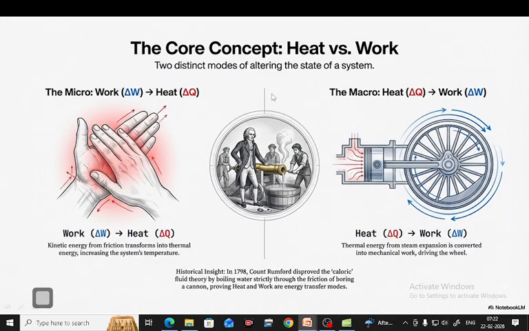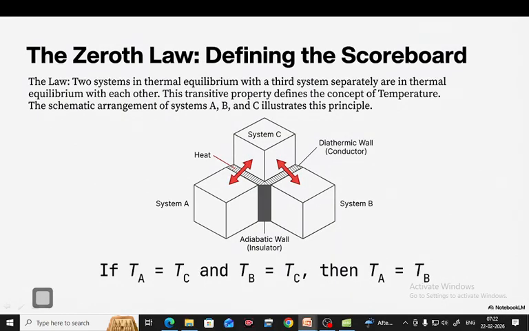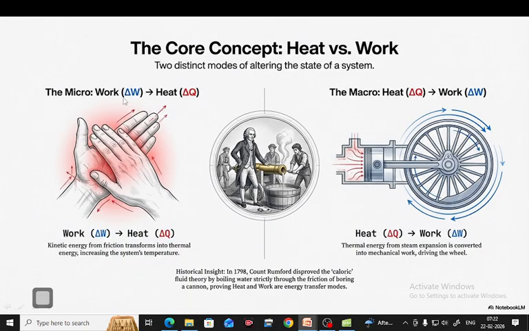Now the core concept, heat versus work: two distinct modes of altering the state of systems. You can see here the micro del W, that is work.